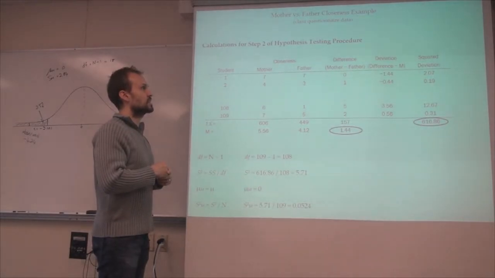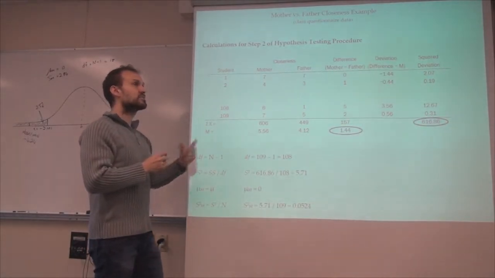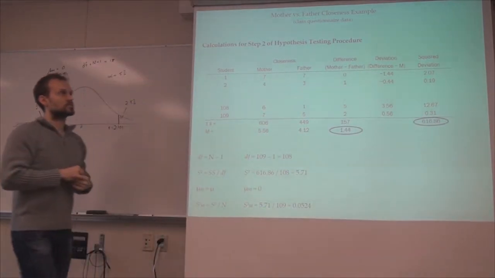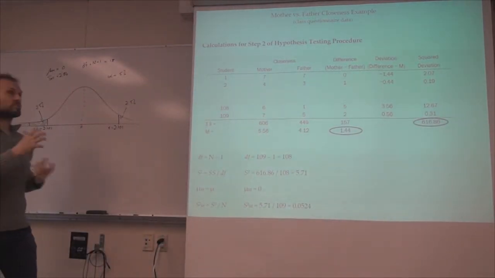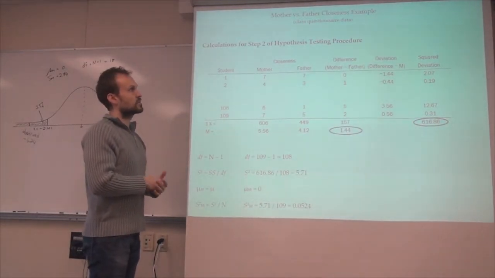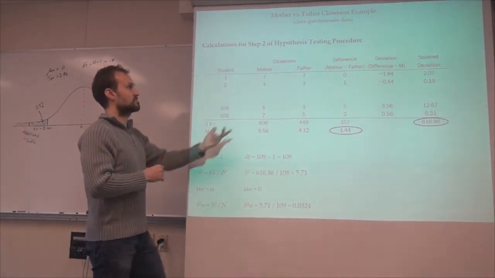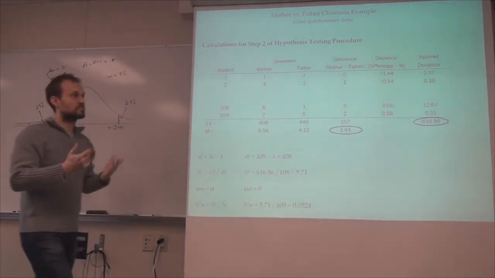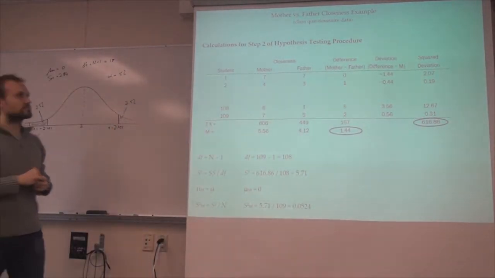And I'm trying to see if there is a significant difference between the closeness to your mother and to your father based on this sample. So I'm again going to look at a difference, and it doesn't matter which one I pick first. For example, I just make a decision, mother minus father.